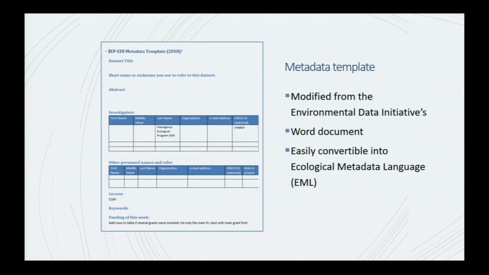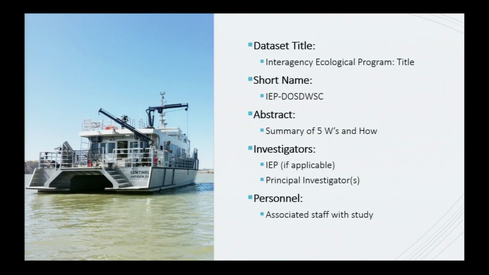But the great thing about this template is if you do want that machine readable format, you can start with this simple Word document and we can help you turn it into a machine readable format. For the format, IEP has chosen the Ecological Metadata Language, EML, which can be machine readable and easily interoperable between different systems. So with that, let's go ahead and get started.